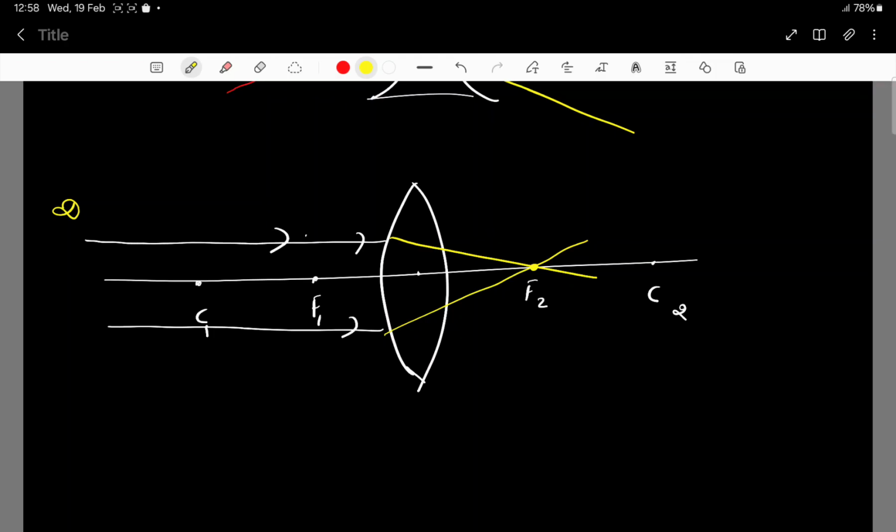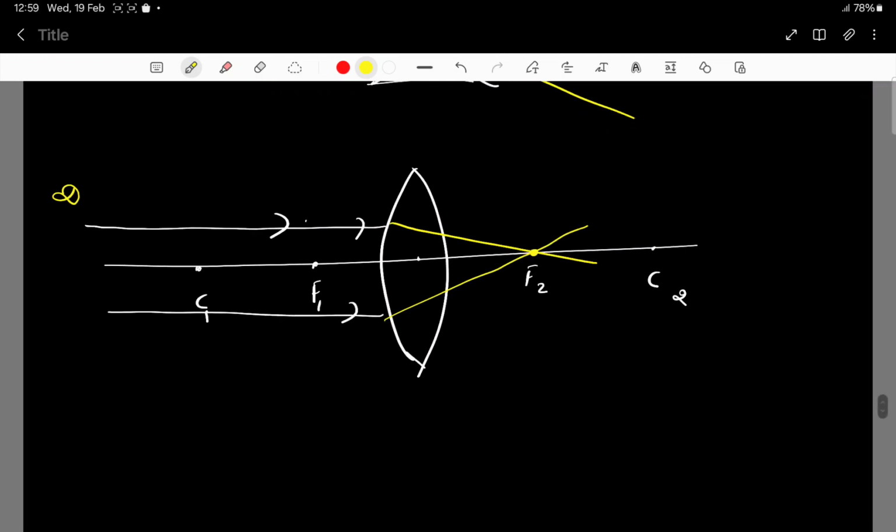Yes, the sun is located very far away from the convex lens, so we can assume the light rays are parallel to each other. When these parallel light rays fall on the convex lens, after getting refracted, they converge to a point. That point is called the focal point. That's where we have the maximum intensity of radiation, so if you put paper there, it can easily get burned.